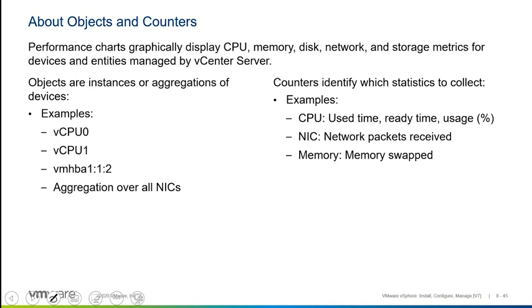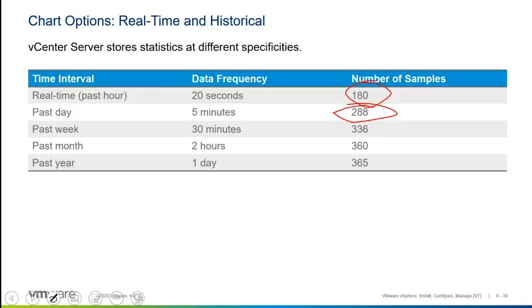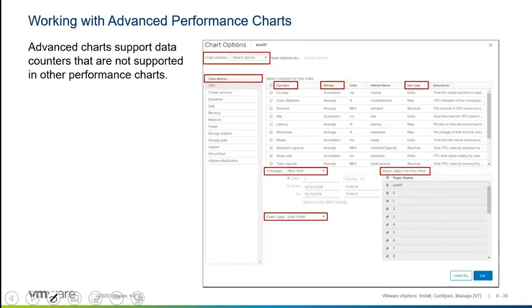Okay, I can scroll back several slides here. Here are the objects. And the objects will depend on what chart metric we're looking at. I'm not going to see cores if I click on disk, right? I'm going to see individual disks in that case, or individual LUNs in that case.